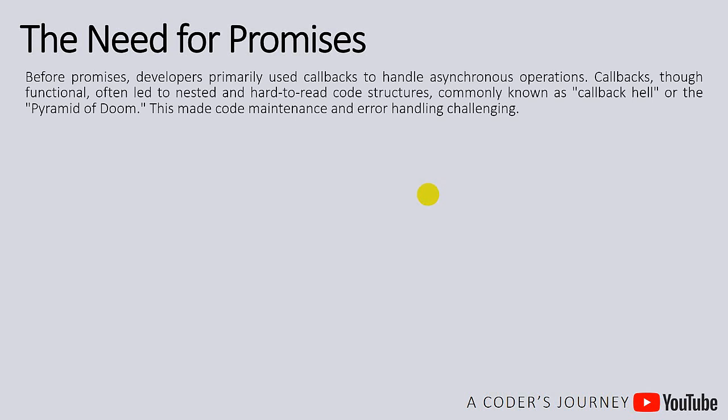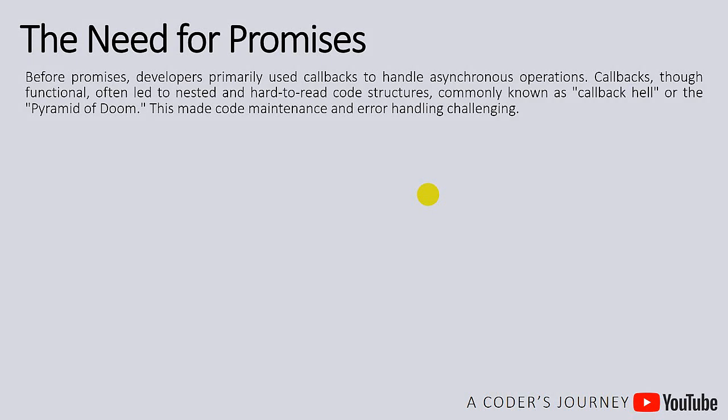Before promises, developers used callbacks to handle asynchronous operations. So operations that take a long time, and you do not need to wait for that long running operation to complete, right? You can do something else, and when that operation is complete, you will get notified and you can carry on doing something with the result. Callbacks, even though they are functional, often lead to nested and hard to read code structures, right?